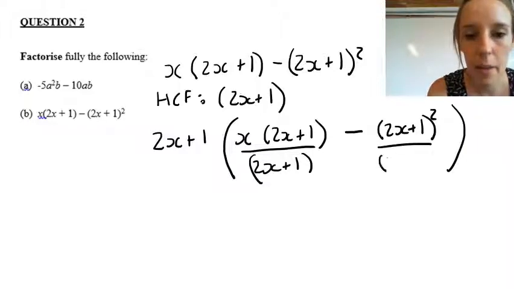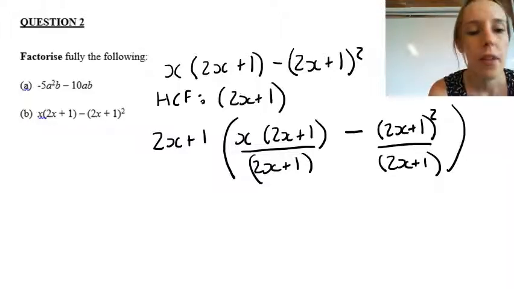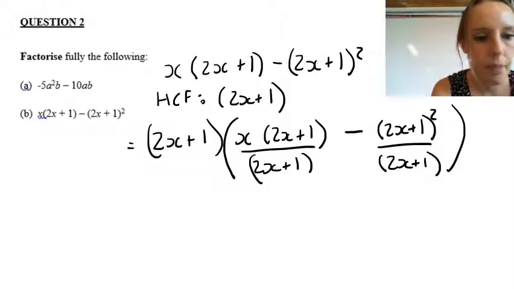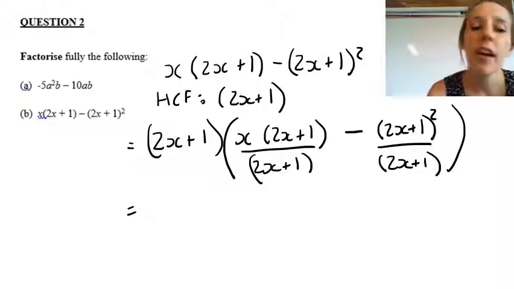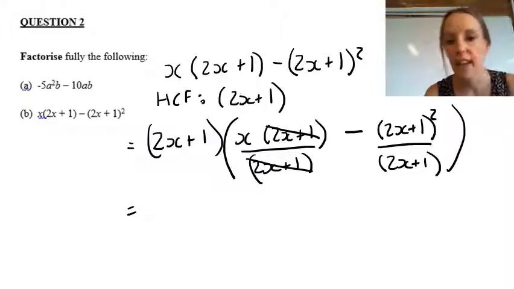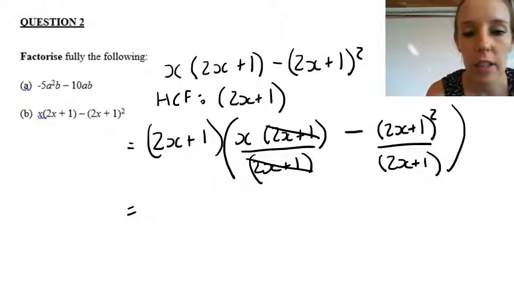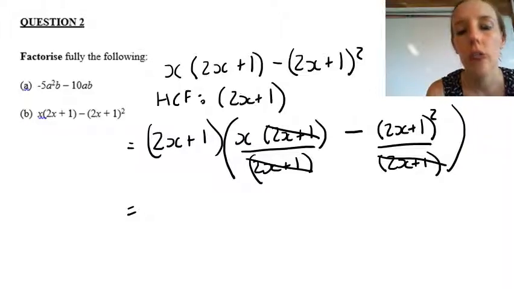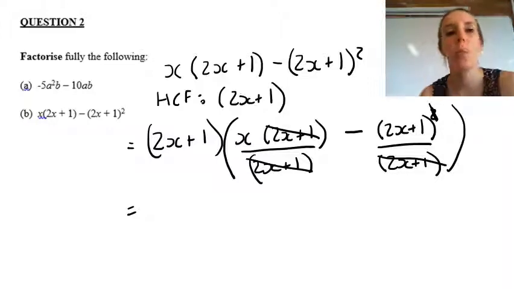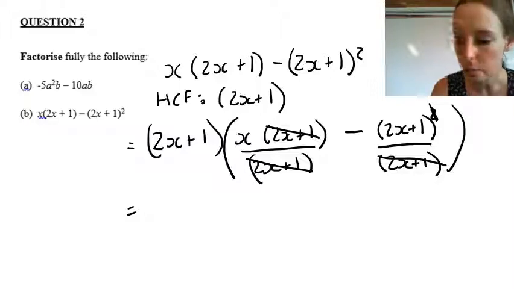This should be in brackets, there we go. From here I can simplify. 2x plus 1 divided by 2x plus 1 is just going to be 1, so they can cancel out. But this was squared, so I'm only going to be cancelling out one of those, because it was 2x plus 1 in brackets multiplied by another 2x plus 1, and if I'm dividing by 2x plus 1, only one of those will cancel, so I've still got one lot of 2x plus 1 left.